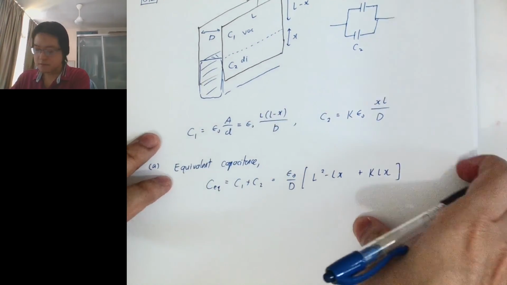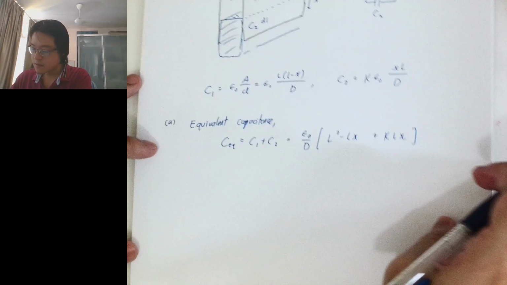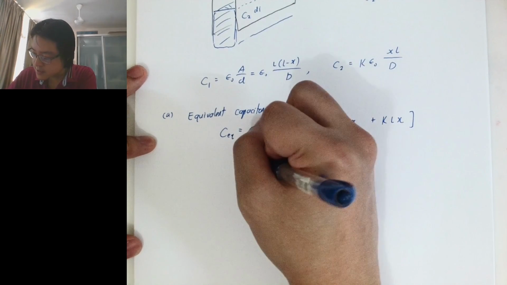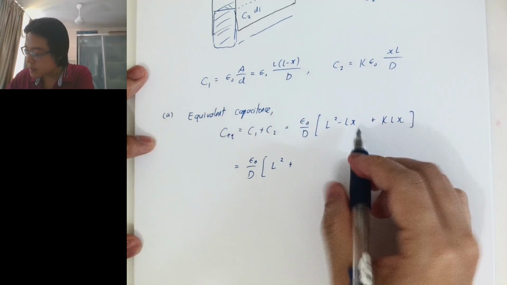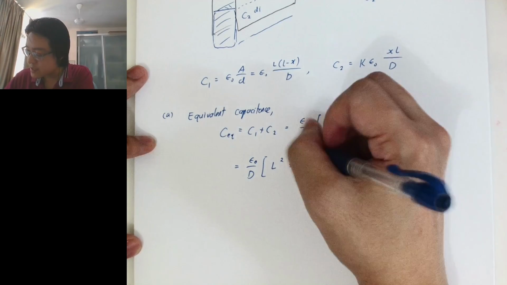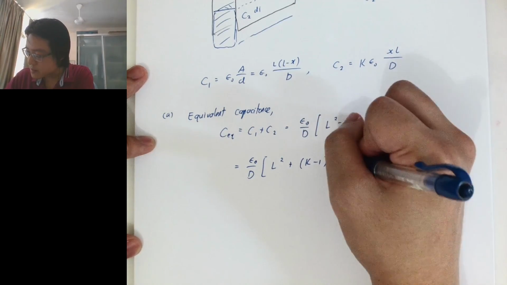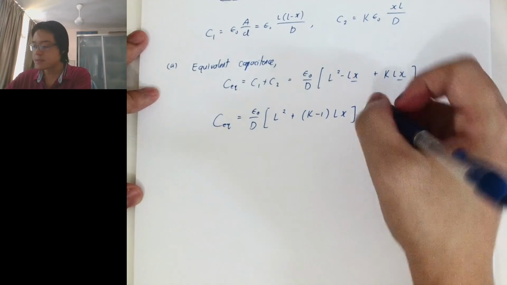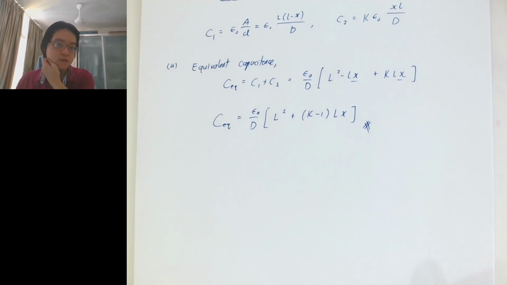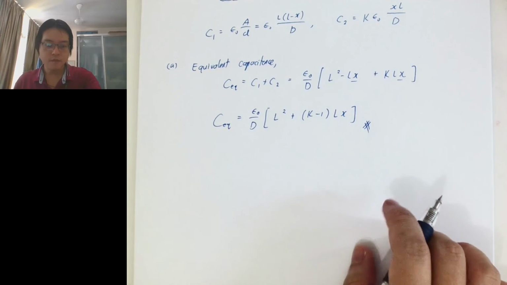Am I right? Yes, I think I'm correct. So this is epsilon over D times L squared plus K minus 1 LX. This is my equivalent capacitance.